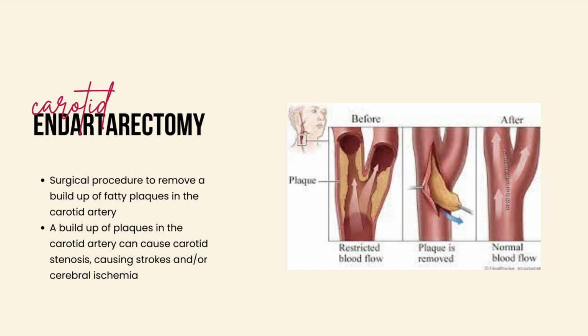The vessel is then sutured in place, which in return promotes normal blood flow. So, to further explain, a carotid endarterectomy is a surgical procedure to remove a buildup of fatty plaques in the carotid artery. A buildup of plaques in the carotids can cause carotid stenosis, which, like I said before, is the number one cause of stroke and cerebral ischemia.